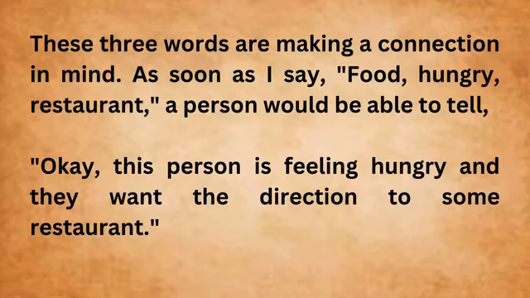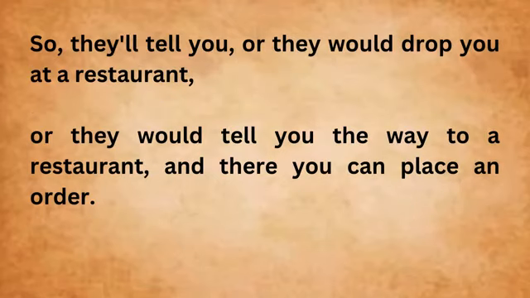As soon as I say food, hungry, restaurant, a person would be able to tell, okay, this person is feeling hungry and they want the direction to some restaurant. So, they'll tell you, or they would drop you at a restaurant, or they would tell you the way to a restaurant, and there you can place an order.